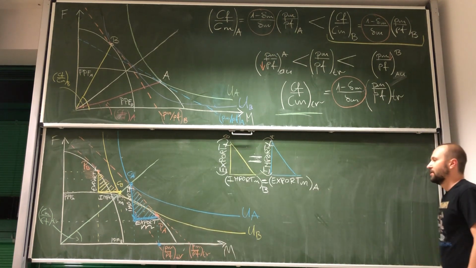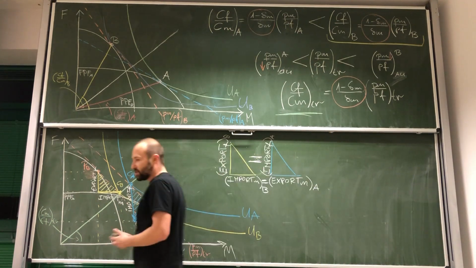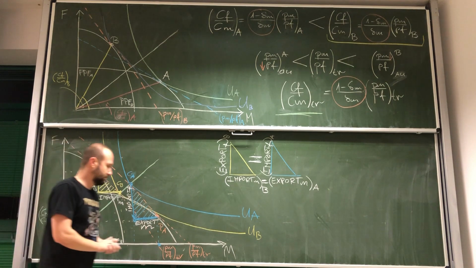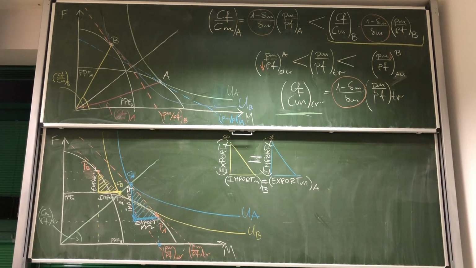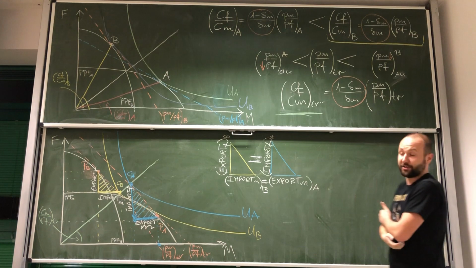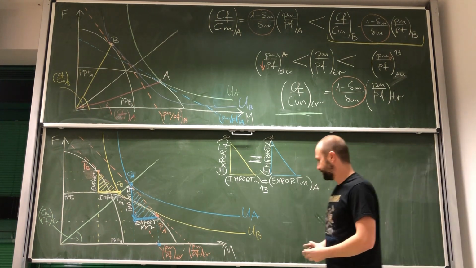And look, then what we have established from this model is that Austria is exporting manufactures while Bolivia is exporting food. Well, they import the other good. And look, this is the Heckscher-Ohlin proposition.